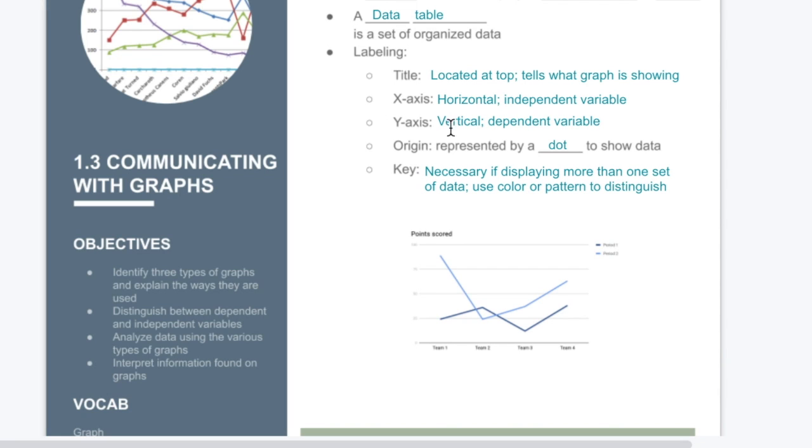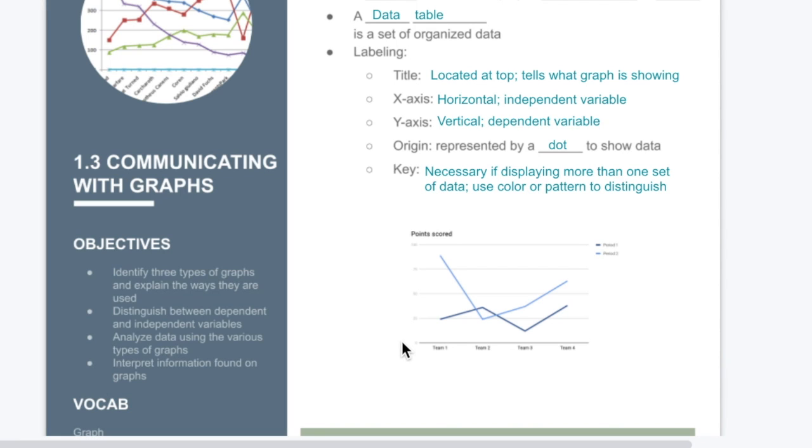Okay, the y-axis is going to be your vertical one. It is the dependent value, the one that we're actually measuring. So if we were measuring how far a person is walking over the day, this would be our time, and then the distance they're walking would be this.